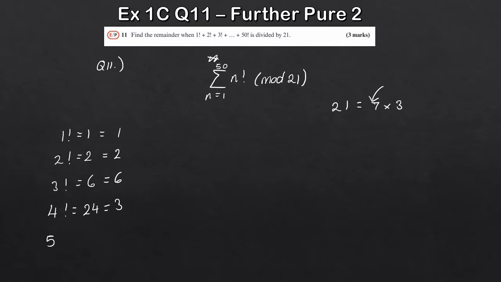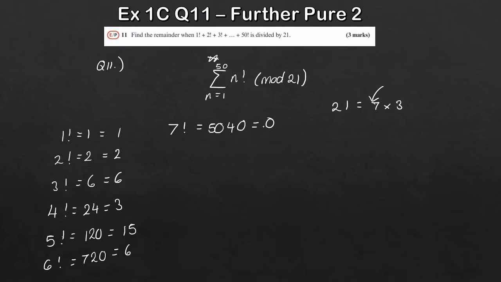So this line here, these are mod 21s. 5 factorial is 120, which is equal to 15 mod 21. 6 factorial, that's 720, which is equal to 6 mod 21, and then 7 factorial here, that's equal to 5040, which is equal to 0.